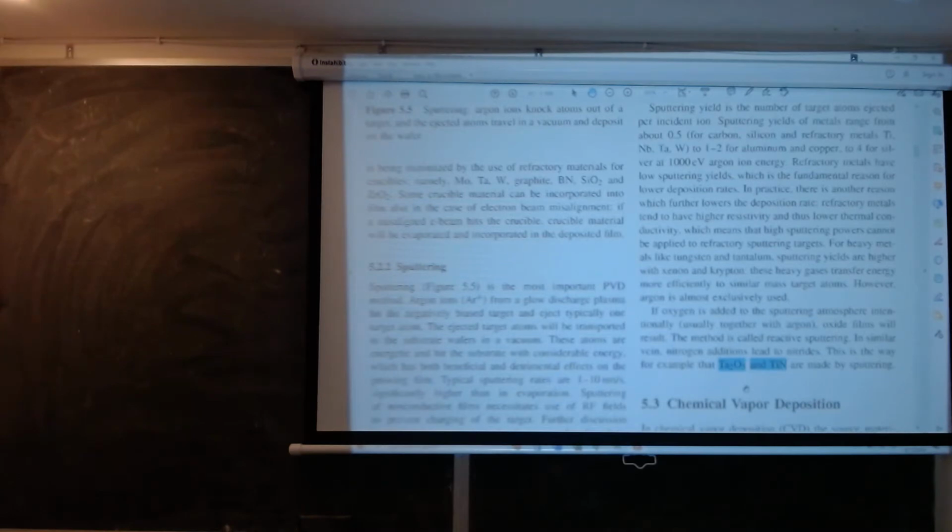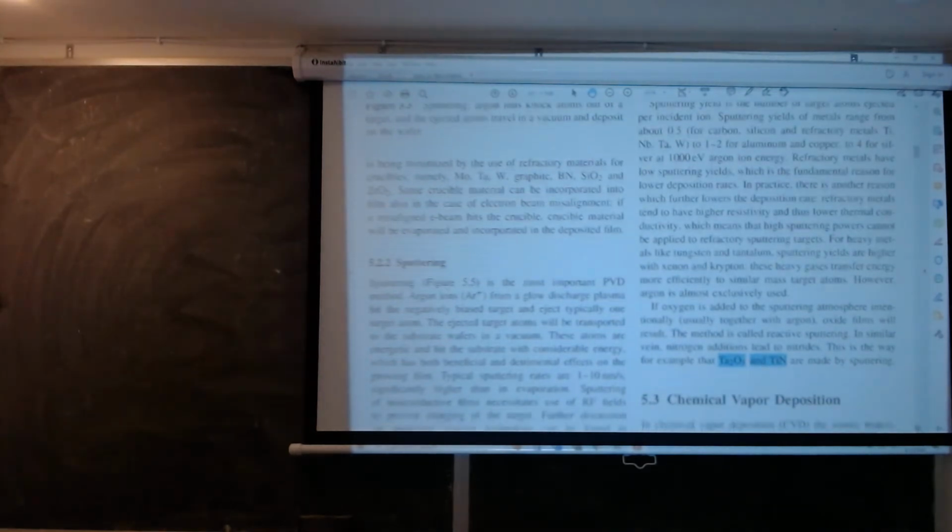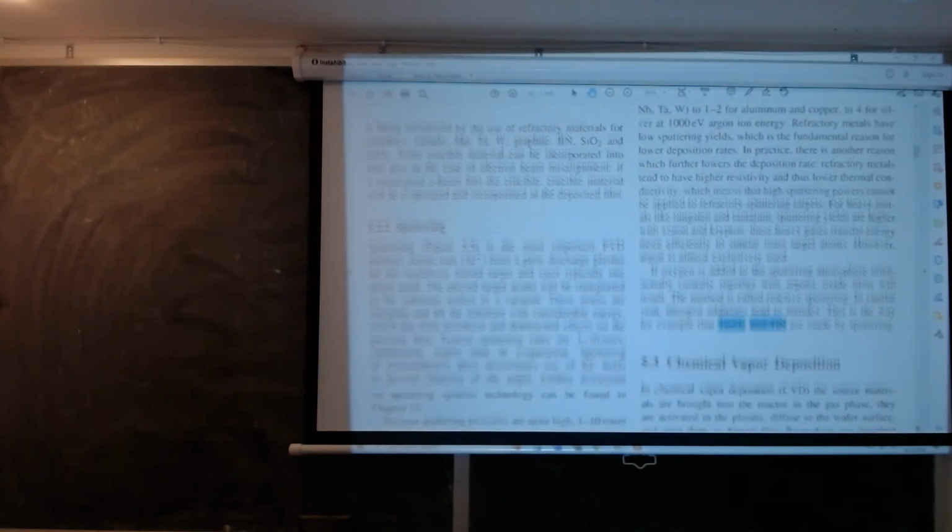And the same thing there, if your target material was titanium, and you put nitrogen gas into the plasma, you could get titanium nitride on the surface instead of titanium. And so this is called reactive sputtering. Reactive sputtering sort of leads us into our next subject, which is chemical vapor deposition.